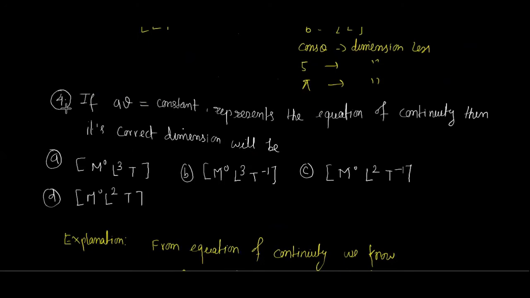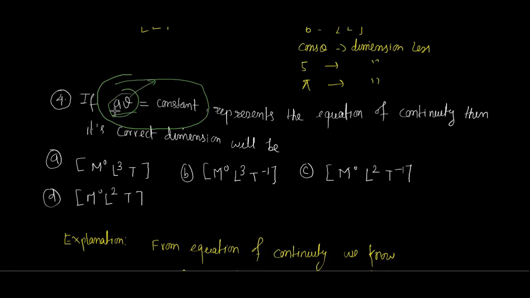In question number 4, it is said: if A into B, this is quite a familiar and important equation of fluid dynamics, A into B equal to constant, that means this represents the equation of continuity. Then what is the dimension of this product of A into B?